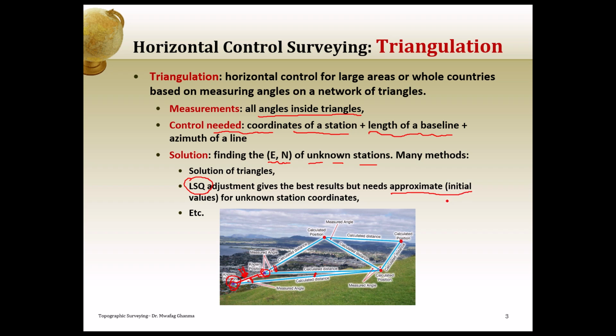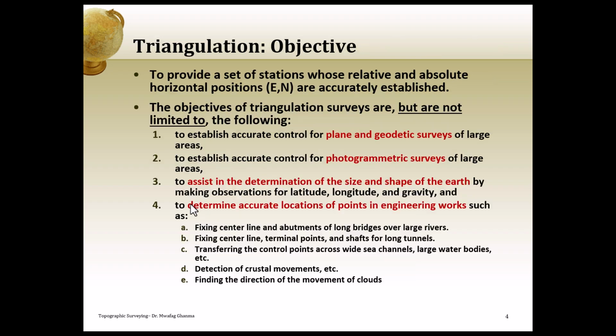This is the main drawback of this method, but we will manage. We will be able to do that using certain tricks, and any crude approximate calculations will do. We have other methods, but mainly we will see the two methods: the solution of the triangles and the least square adjustment.